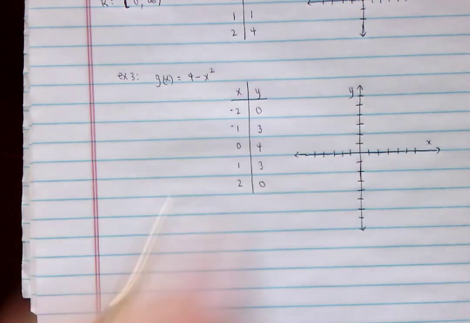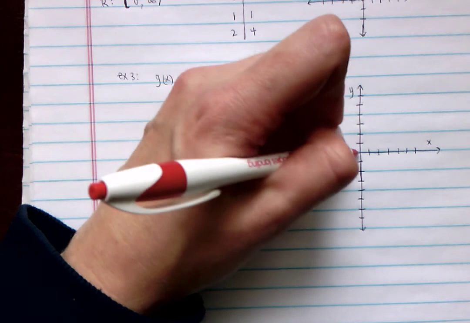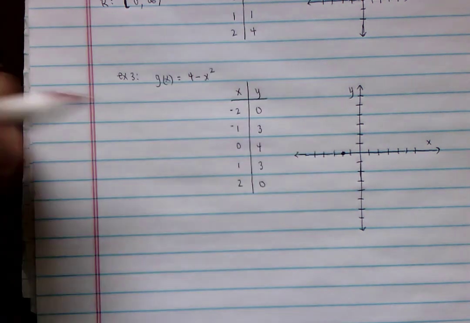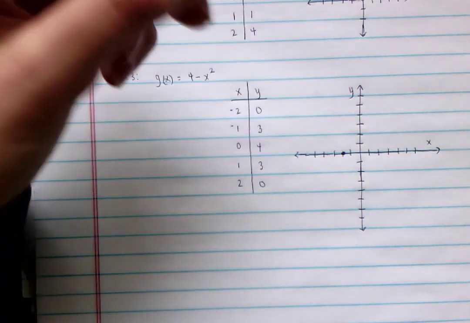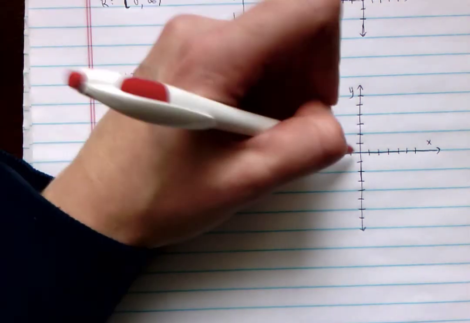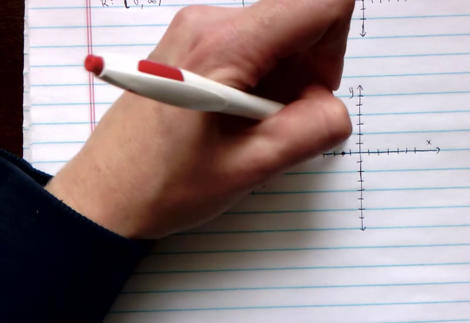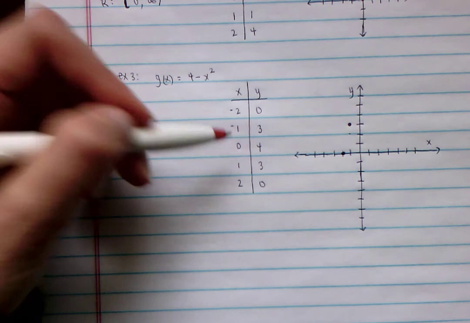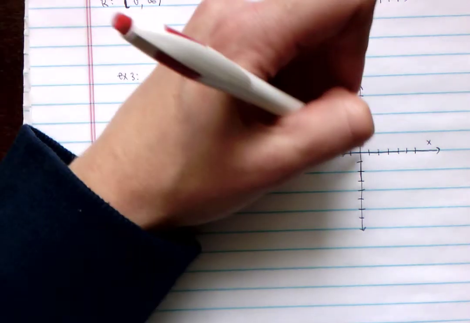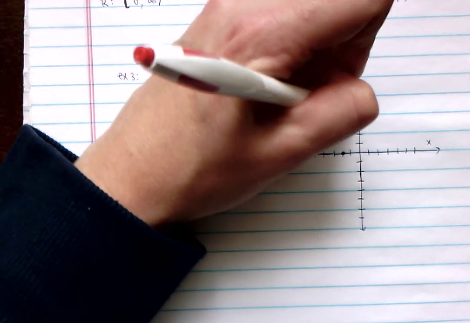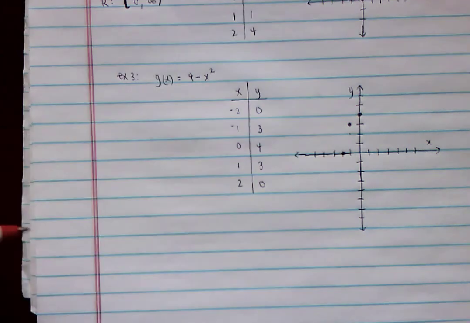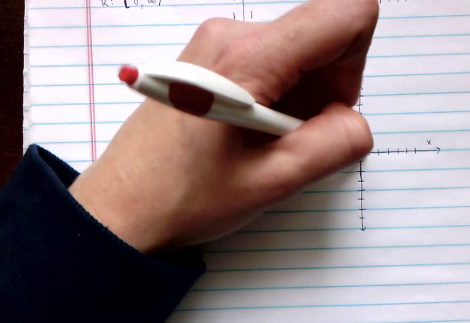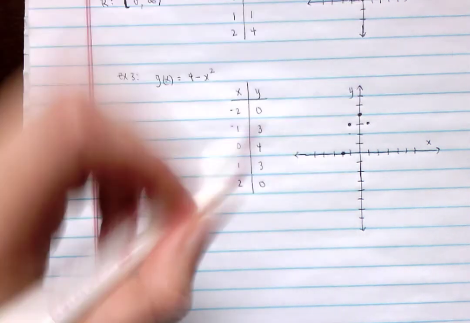Negative 2, 0, remember that's negative 2, and then it doesn't move up. So it goes right there. Negative 1, 3. So negative 1, up 3. There's that one. 0, 4. So that's straight up. It doesn't go left or right, it just goes straight up. Okay, and then 1, 3. And 2, 0.